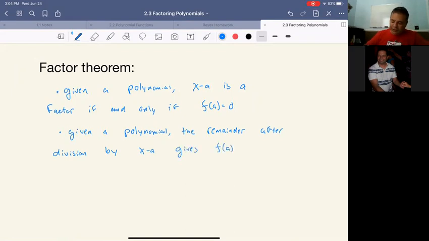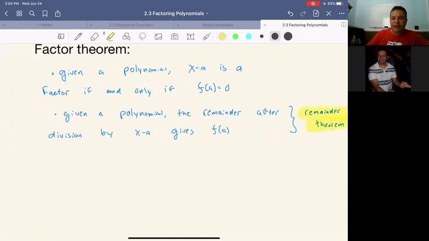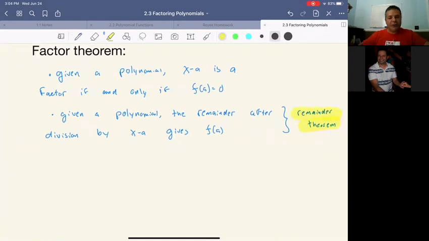This is actually what's called the remainder theorem. It's just a generalization. Okay, so let's go ahead and use this.